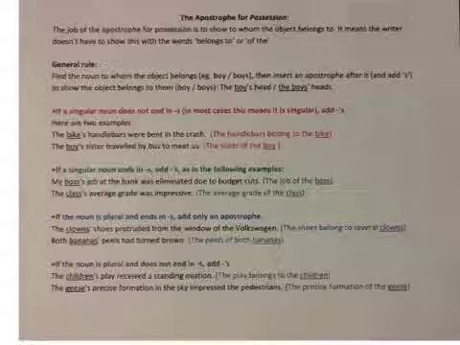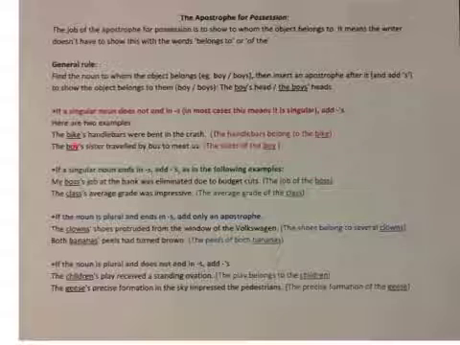The first one here: if a singular noun does not end in s, then just add apostrophe s. For example, the bike's handlebars were bent in the crash. So the handlebars belong to the bike, just one bike there.